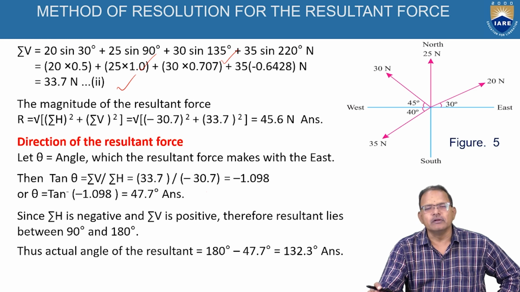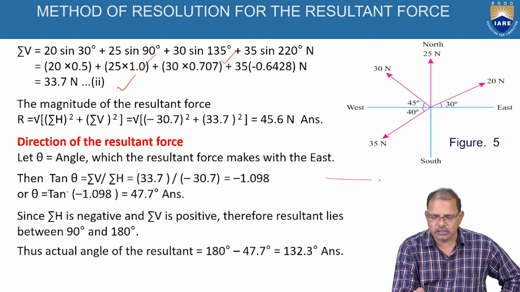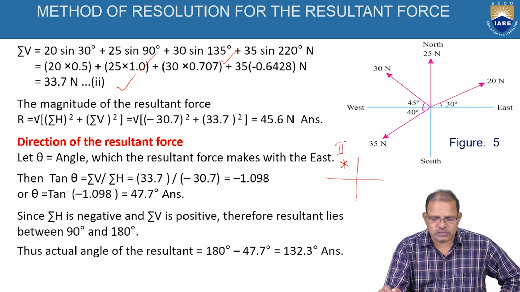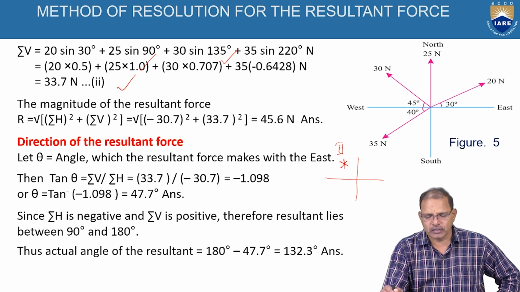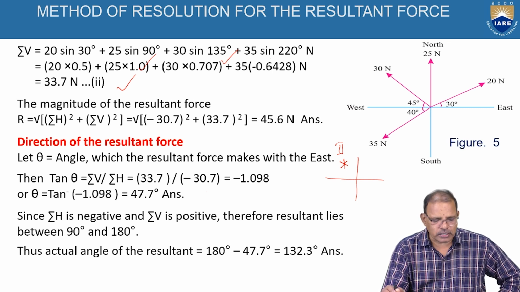Here, sigma H is treated as a negative value, that is, the x component is negative, and the y component is positive. Hence, according to the coordinate system, it belongs to the second quadrant. That is, the inclination of the resultant force lies between 90 and 180 degrees.